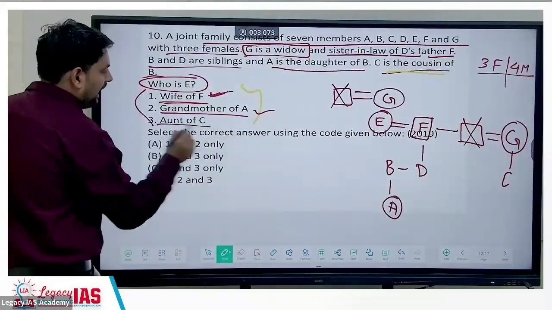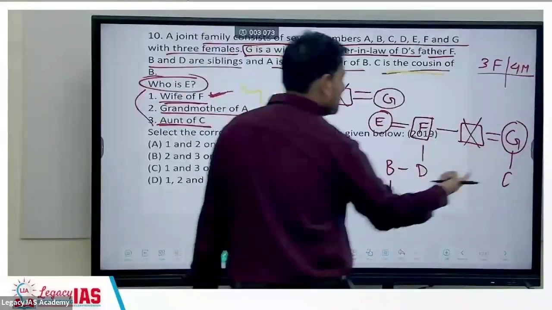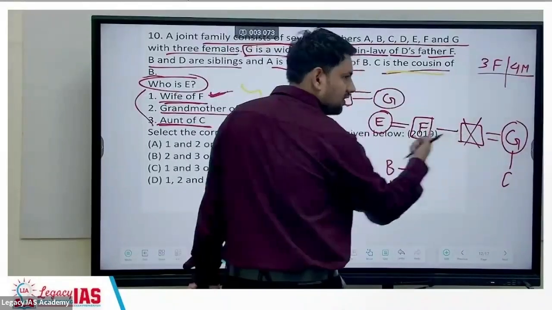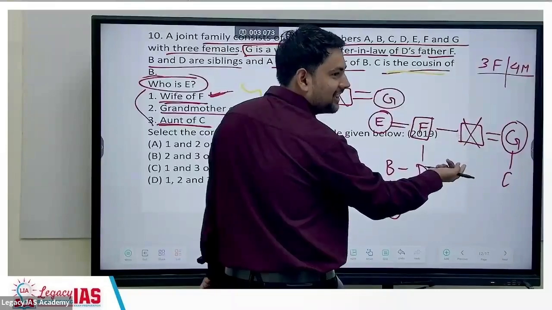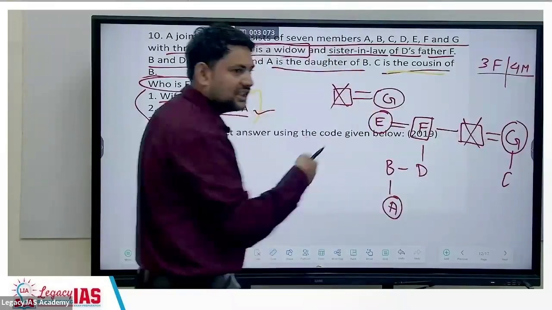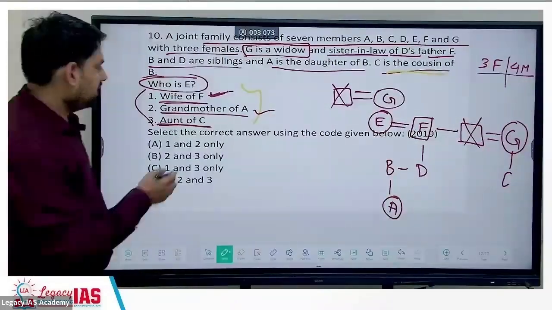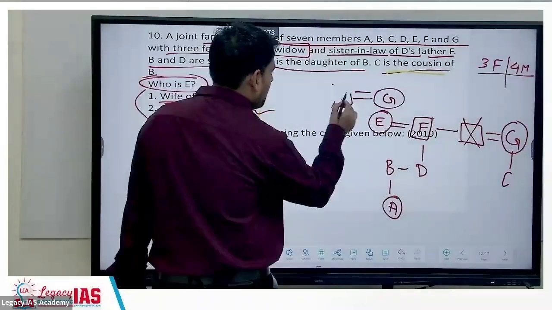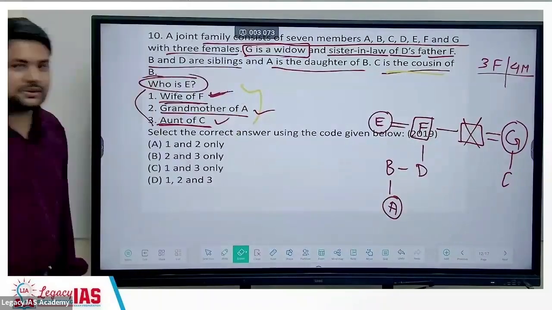Third, aunt of C. Now, if you see, C is not directly related, but through that father she is connected, so she will be the aunt of C. Understood?